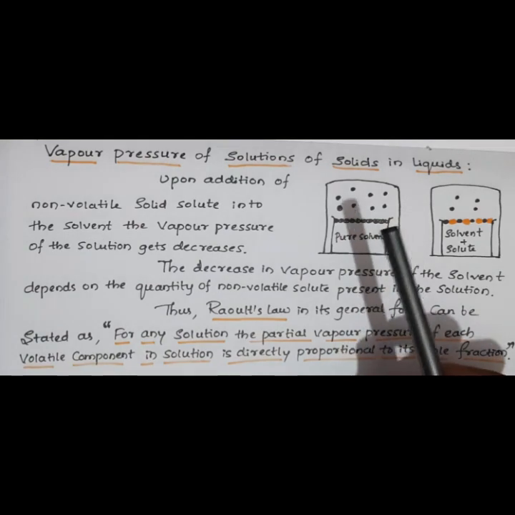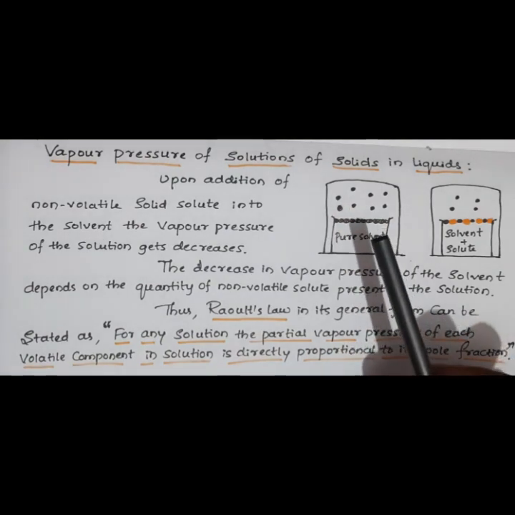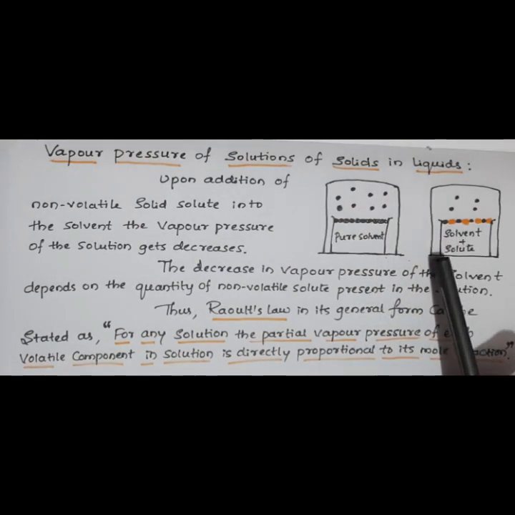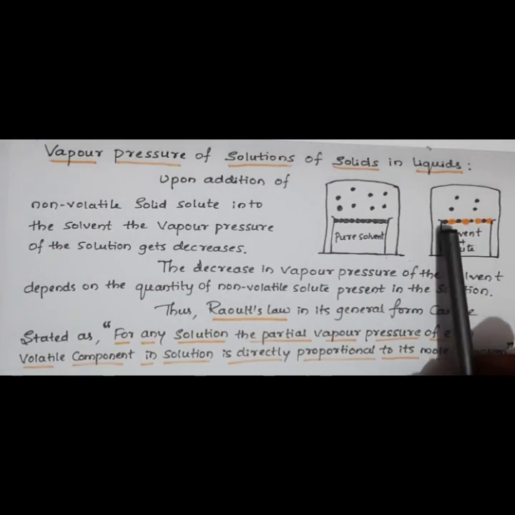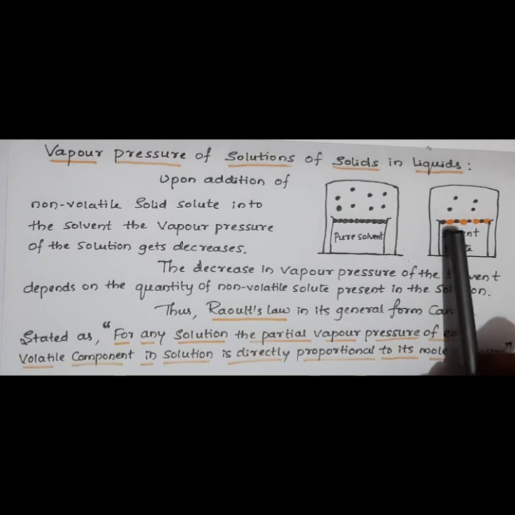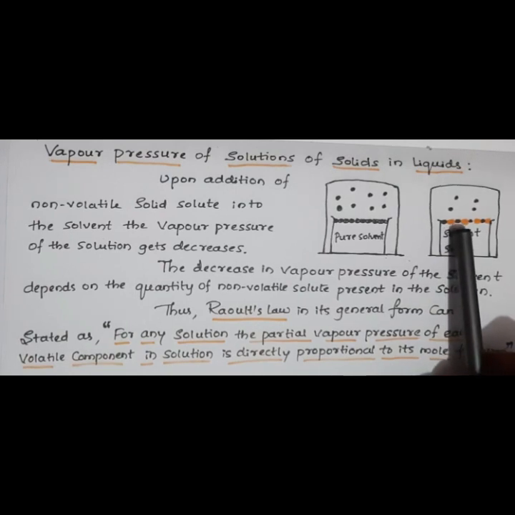But if we add a non-volatile solute to that solvent, then some of the solvent molecules are replaced by non-volatile solute particles. Here you can observe the orange dots represent the solute particles, which are non-volatile.